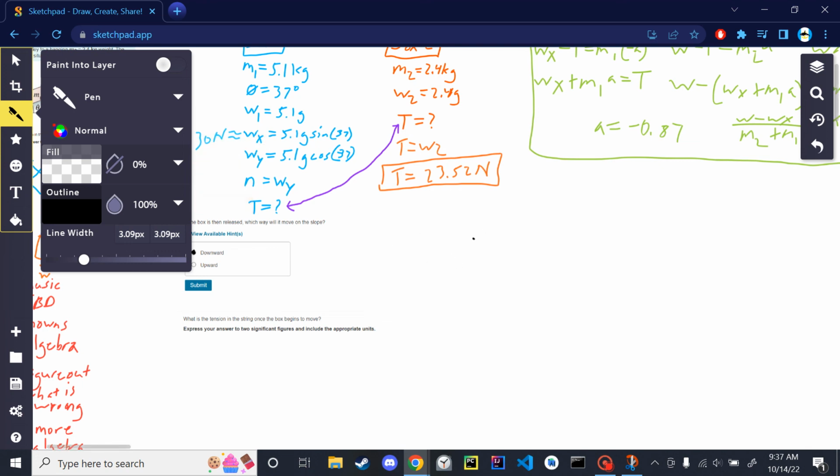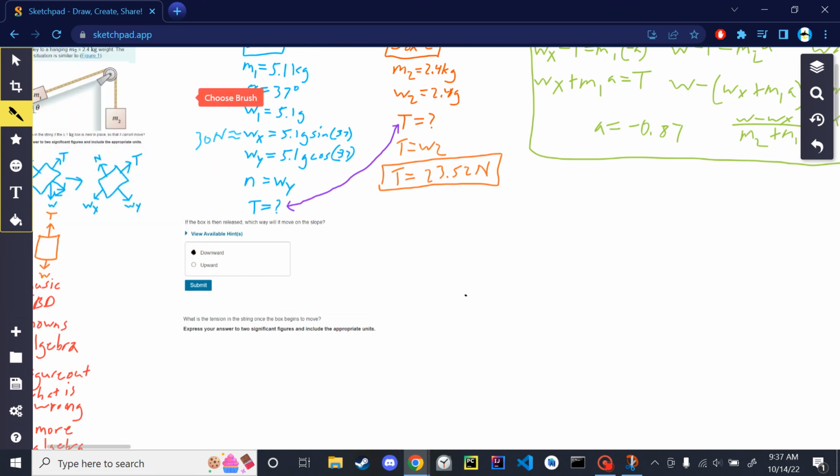Okay, I'll do this problem's math in black. So Wx minus tension is equal to mass 1 times acceleration. I'm going to assume positive is this way, because it's going to be going in that direction.